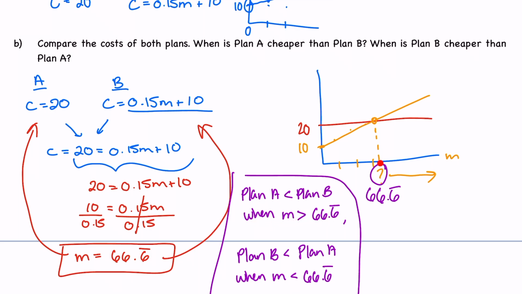So we see that over here, when m is greater than 66.66, plan A in red is cheaper or less than plan B in orange. And the opposite is true when m is less than 66.66. So when m is less than 66.66, so on this side of the dotted line, plan B is actually cheaper than plan A. And that is it for today's video.